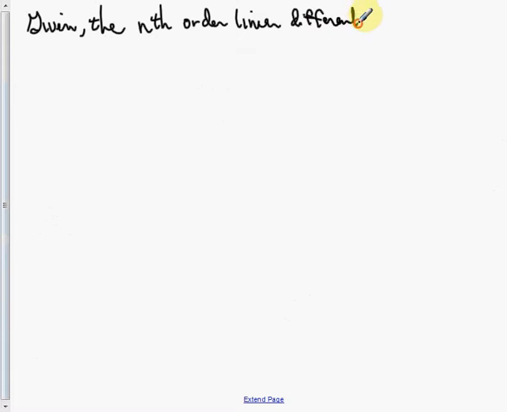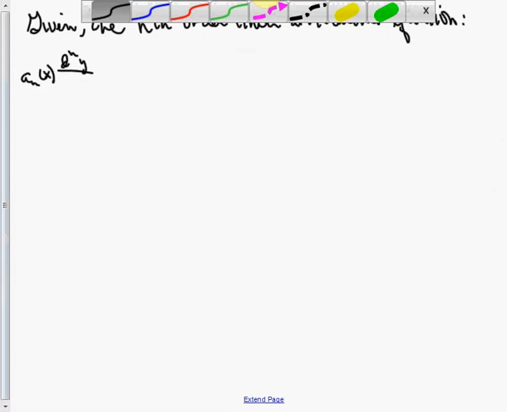So given the nth order linear differential equation, which is a sub n of x times the nth derivative of y. These are derivatives, not partials.